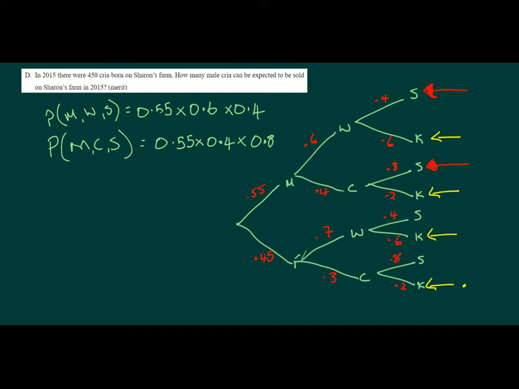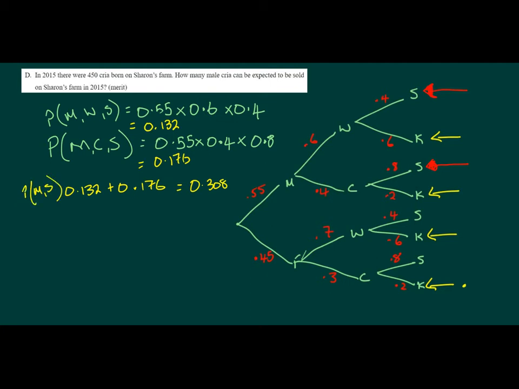So for this first probability here, that equals 0.132. The second one here equals 0.176. So if we add those two together, 0.132 plus 0.176, we get an answer of 0.308. So that's the probability of a male being sold.